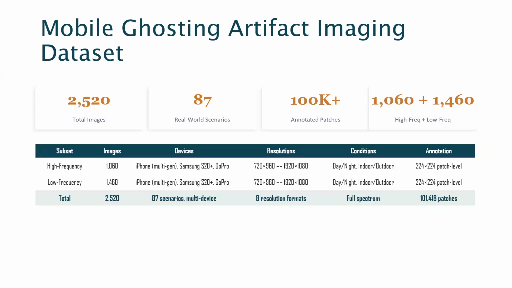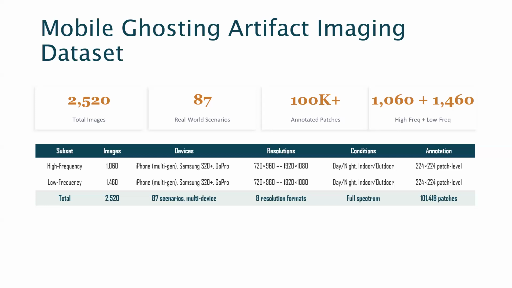To this end, we have 2,520 images, of which 1,060 images are for the high frequency and 1,460 for the low frequency. Furthermore, apart from these 1,060, it is not just RGB images.